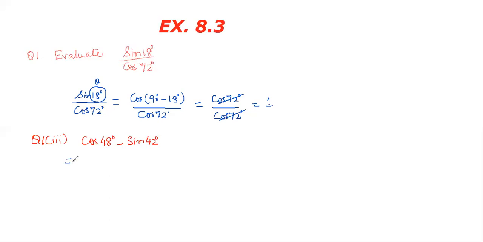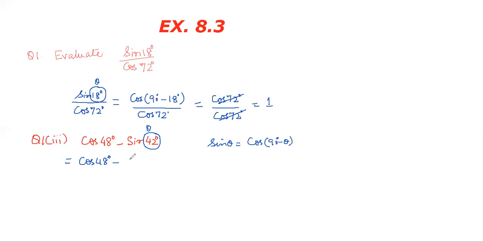Suppose I am keeping this cos 48 as it is and changing this sin 42 degrees. So I will read 42 as theta. So this is sin theta. If I apply the formula, sin theta is equal to cos 90 minus theta.